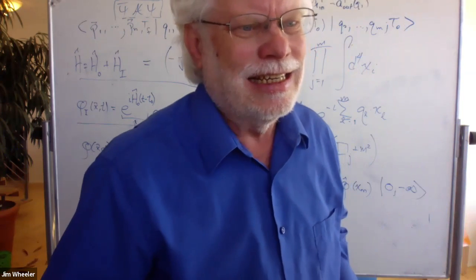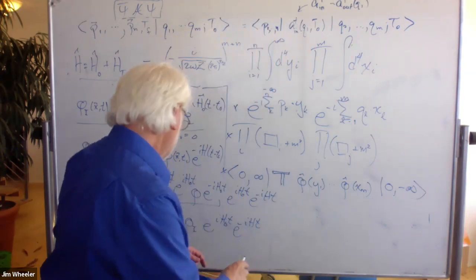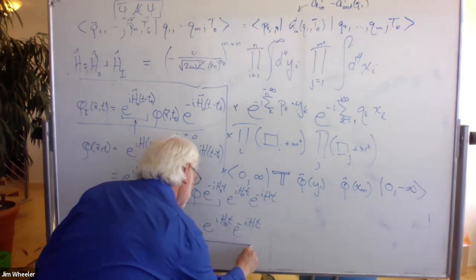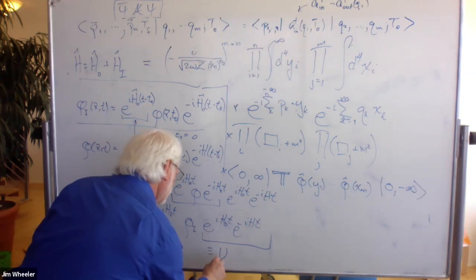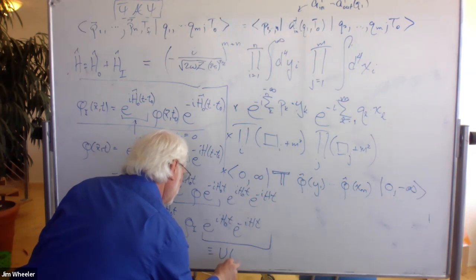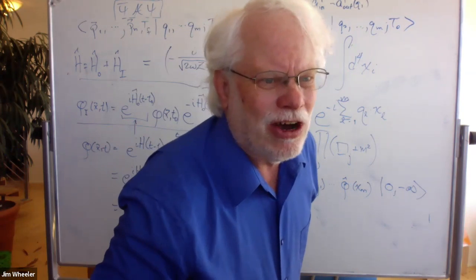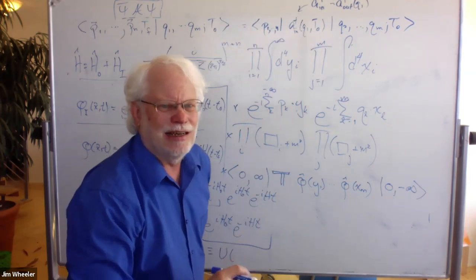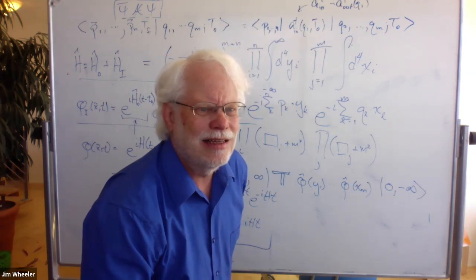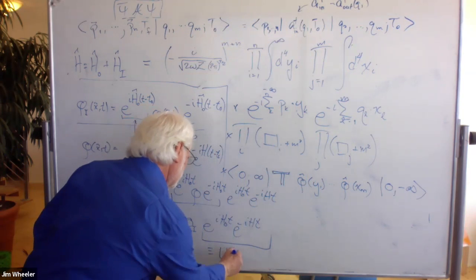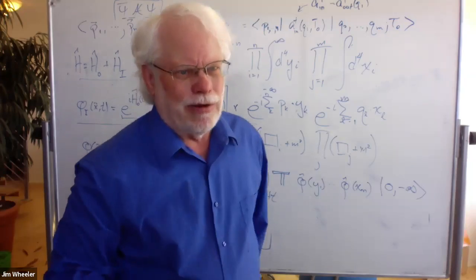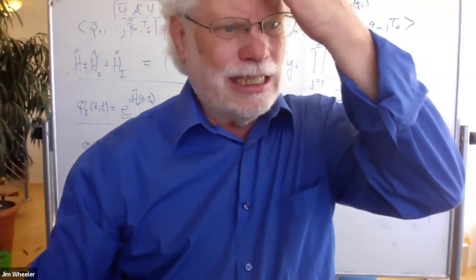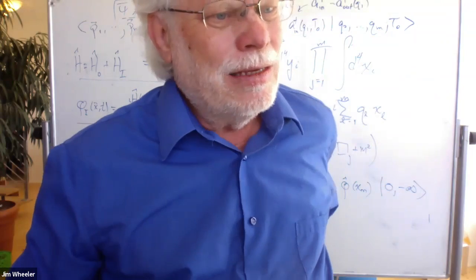This guy, I'm going to define it to be u of t minus t naught, I think. Yeah, u of t and t naught as the unitary operator that takes us from time t naught to time t.